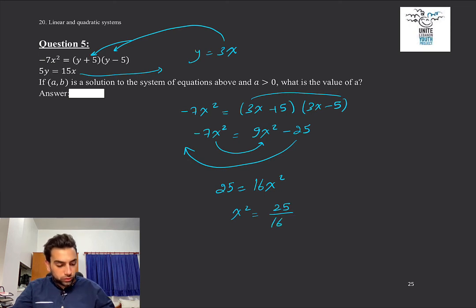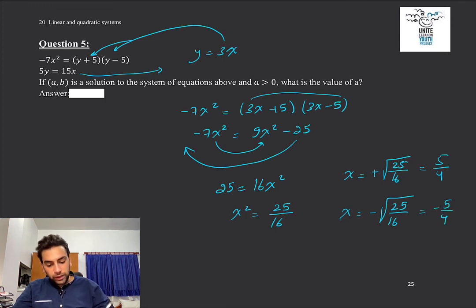And in order to solve this, you will get x equals plus radical 25 over 16 and x equals negative radical 25 over 16, which is equal to 5 over 4 and negative 5 over 4. But remember that a should be positive, thus this is rejected, and my only solution is 5 over 4. So I will write here 5 over 4.